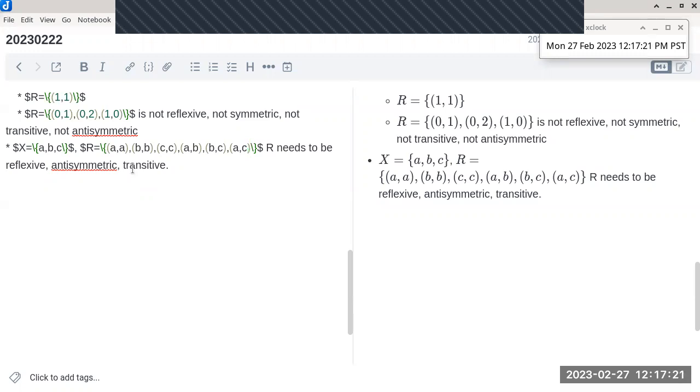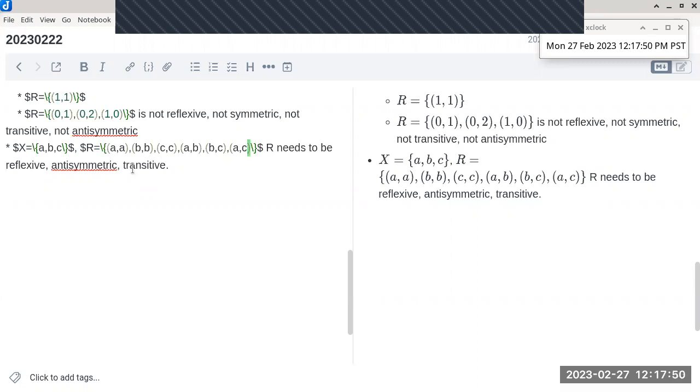I should clarify a little bit, because in order to relate back to the equation, it's E and F. The template says we need E to be an element of X, F to be an element of X. EF in R and FE in R implies E and F are the same. That's basically what the quantified statement is asking for. So in this case, F and E can both be A, not a problem.